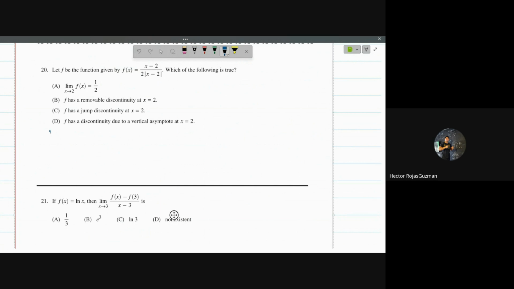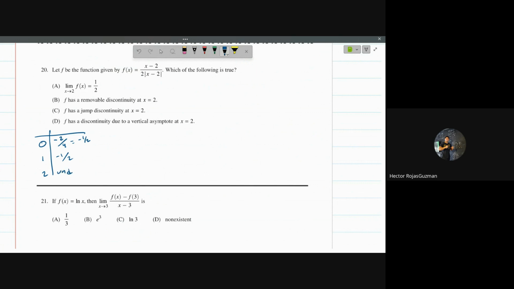So here's the idea. If you pick 0, you're going to get negative 2 over 4, which is negative 1/2. If you pick 1, you're going to get negative 1 over 2. If you pick 2, you get undefined.